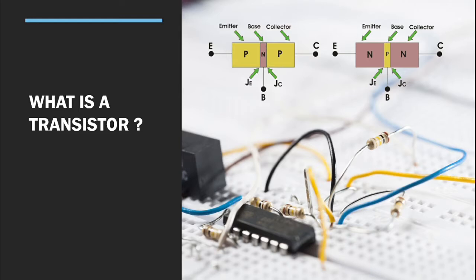There are two types of transistors, which are PNP and NPN, as you can see in my slide right now. In each transistor, there are three layers of sandwich, which are conventionally called the collector, base, and the emitter, also in the diagram on my slide right now.